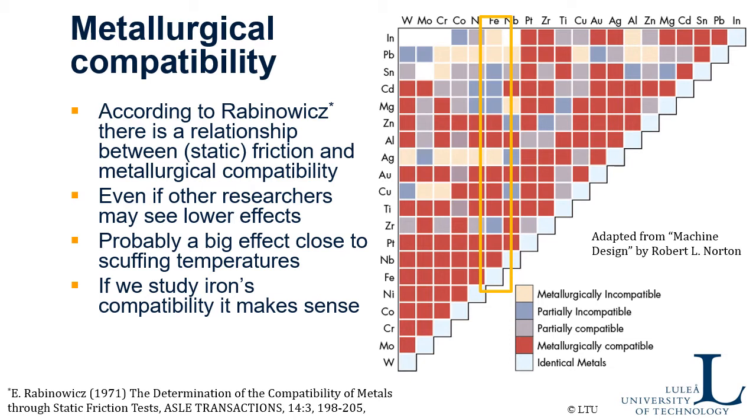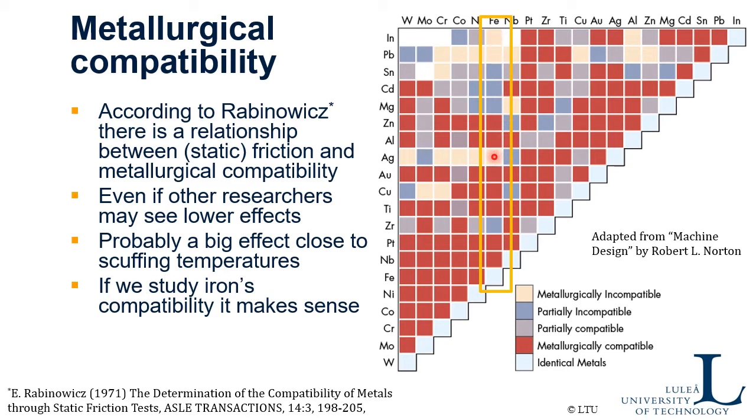You can see that iron is compatible with some materials like zinc, aluminium, gold, and copper. They have a good compatibility, while it hasn't a good compatibility with lead, indium, and silver.